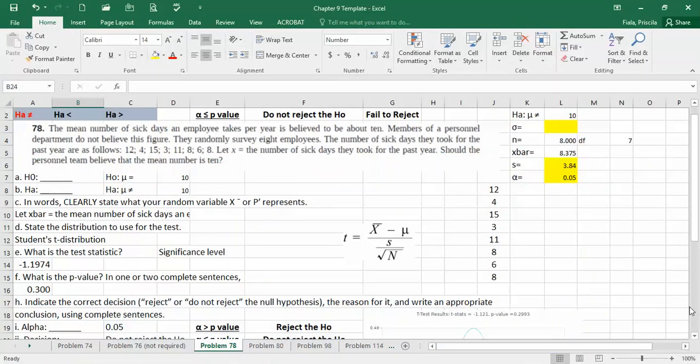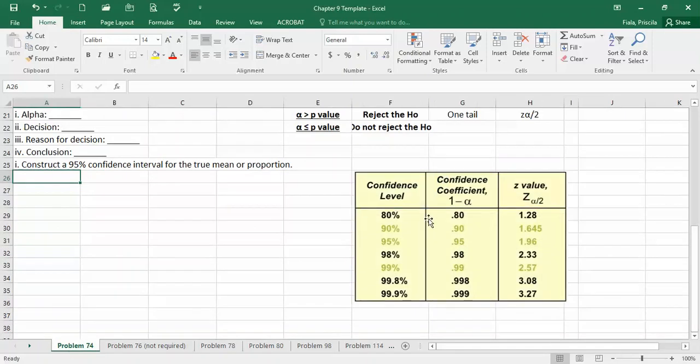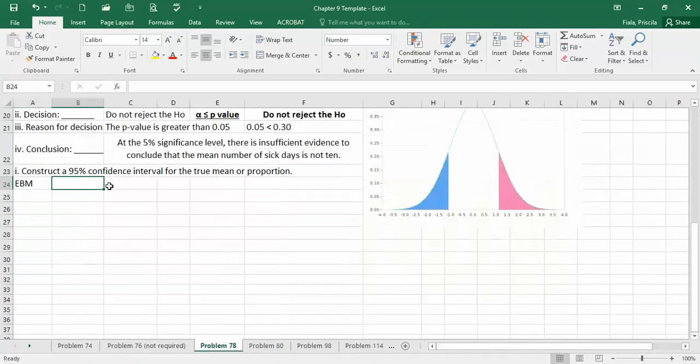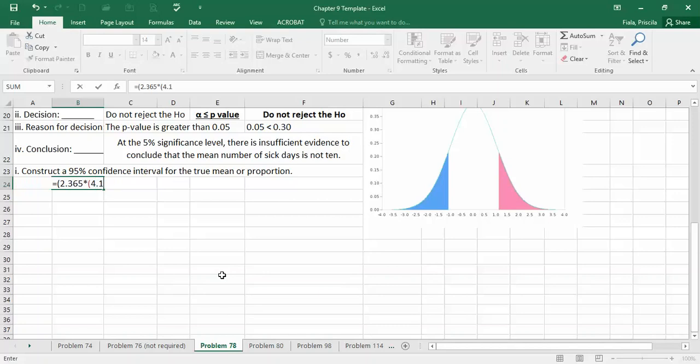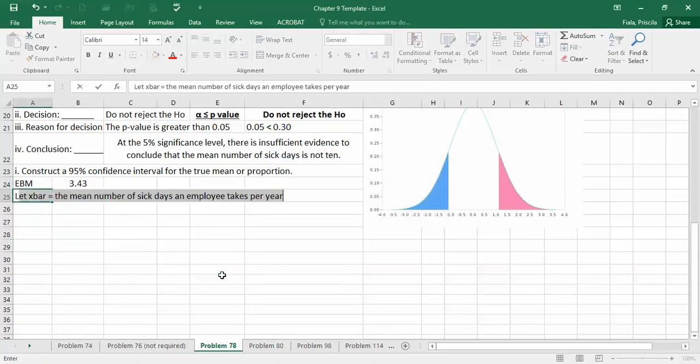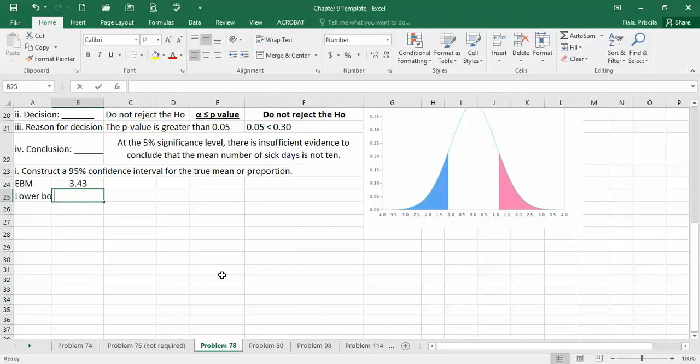2.365. So here, instead of using this table, we're going to be more precise, and we're going to put 2.365 times my standard deviation, that was 4.10, divided by the square root of my sample size. To find the lower bound, I'm going to do equals 8.375 minus my error bound margin.